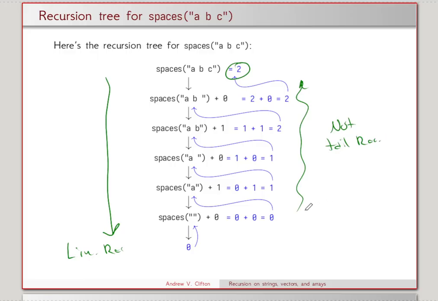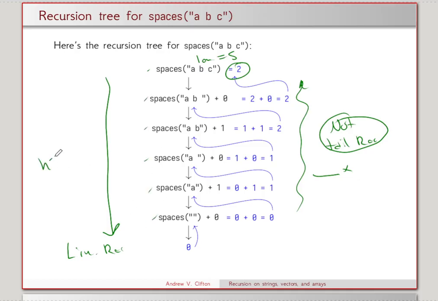So in terms of the analysis that we're going to do next, the fact that it is not tail recursive means we're going to multiply the base memory usage of the function, like whatever memory the function uses without the recursion, times the height of the recursion tree here. So we started with a string of length 5, and the height of the recursion tree is 1, 2, 3, 4, 5, 6.